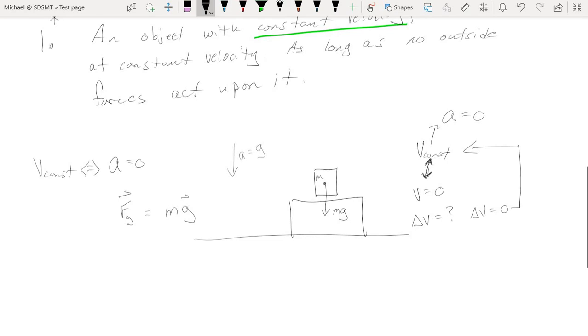And that force is not zero. That acceleration is not zero. So how can that mass have a zero acceleration? Well, the only way that that could happen was if there were another outside force that was canceling out the force of gravity.